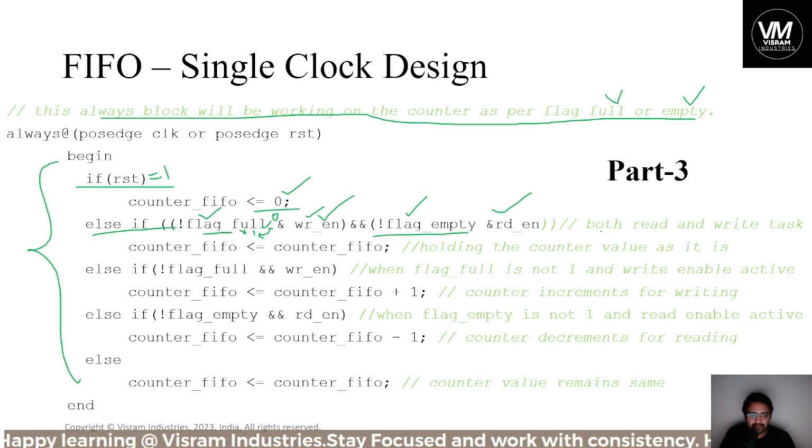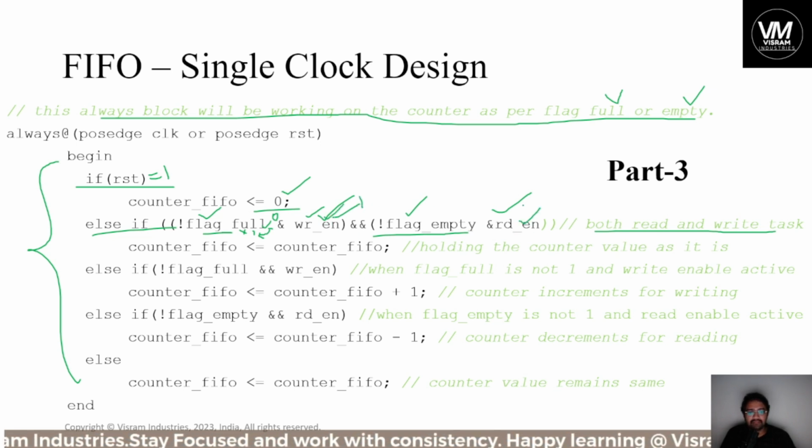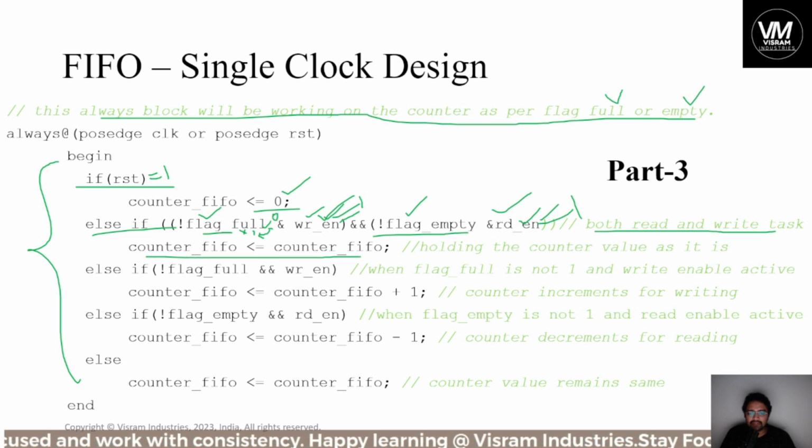At this point, both read and write tasks can be happening. So read enable and write enable are both 1. Then you can see counter FIFO is equal to counter FIFO. It is at a stable point.